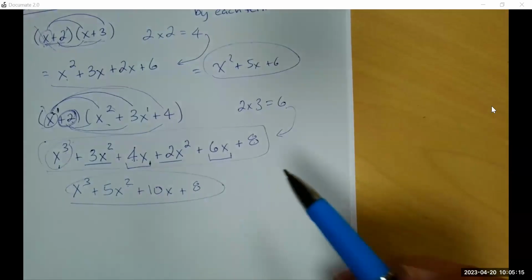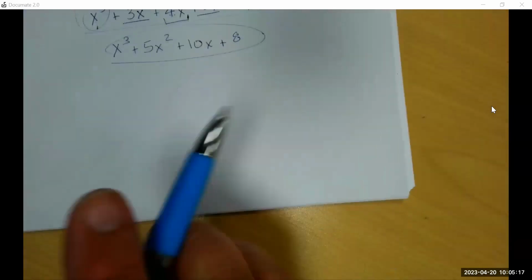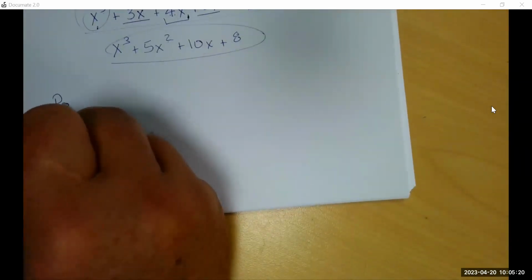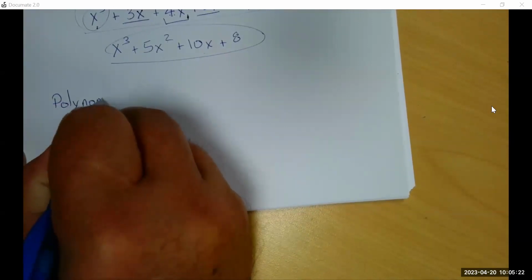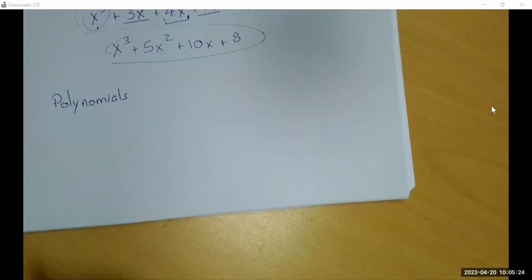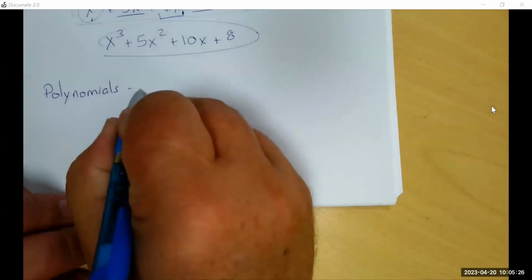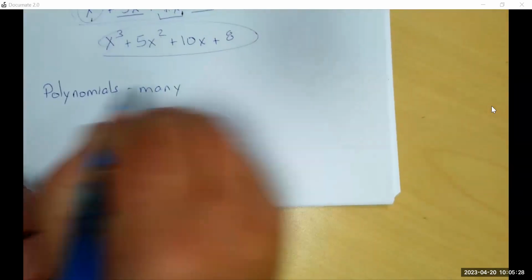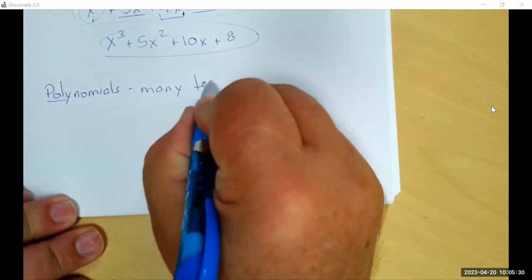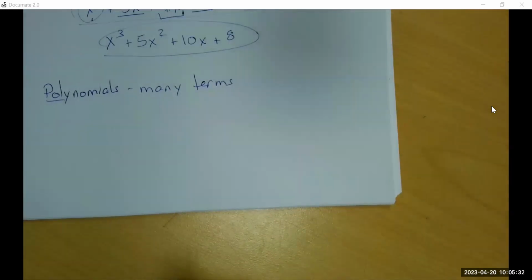The combining term of all these things, they're called polynomials. Poly means many terms. It's just an all-encompassing term that describes everything: all the polynomials, binomial, trinomial, quadrinomials.